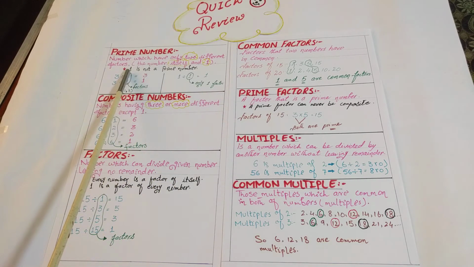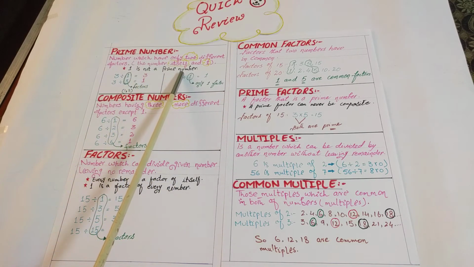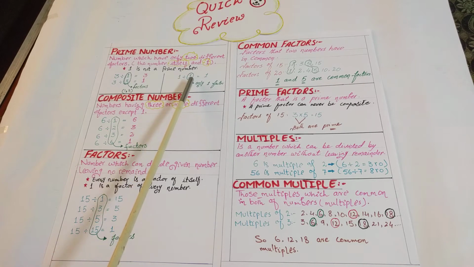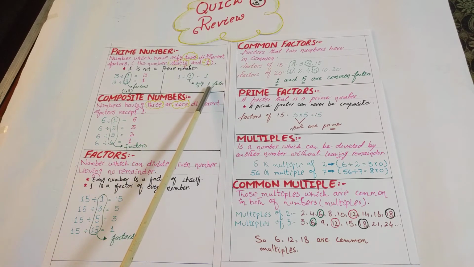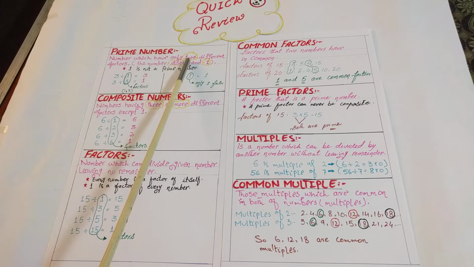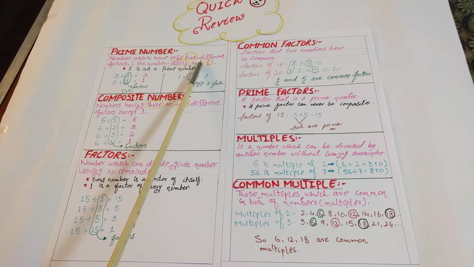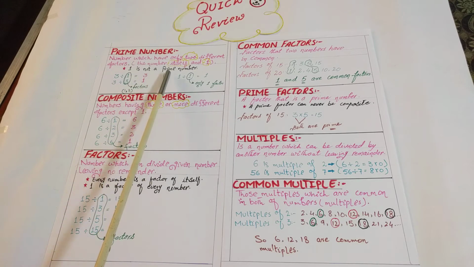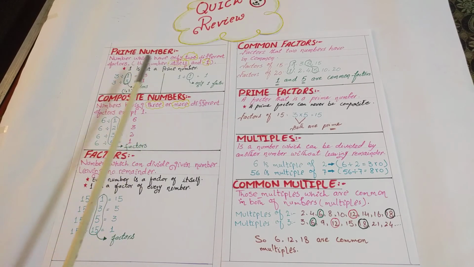It means 1 is not a prime number, because the condition for a prime number is two different factors, the number itself and 1, and 1 has no other factor.